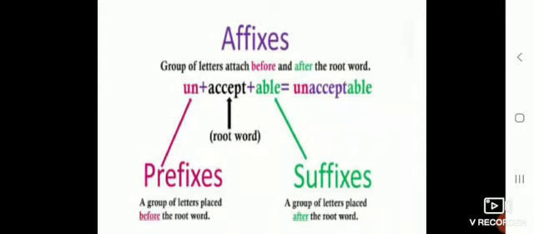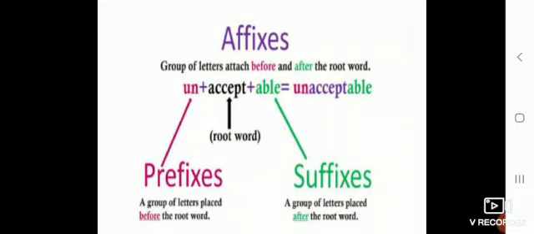Now the root word is accept. When we add the prefix un to the root word, the new word will be unaccept. And when we add the suffix able to the root word, the new word will be acceptable. And when we add both prefix and suffix together to the root word, we get another new word, that is unacceptable.